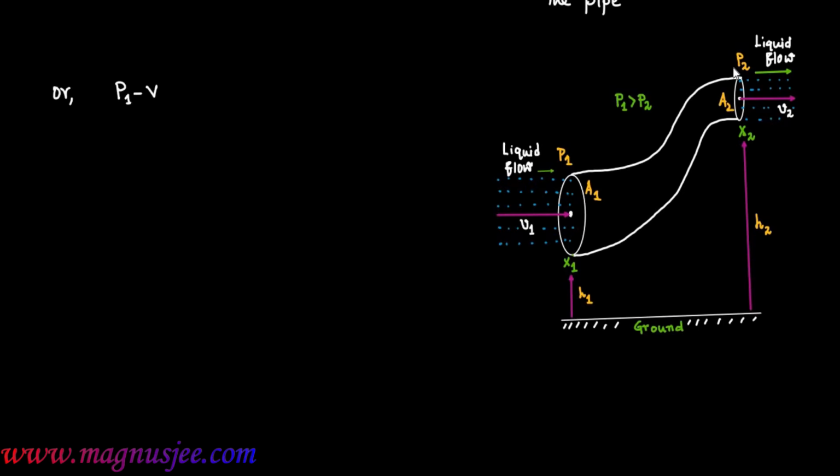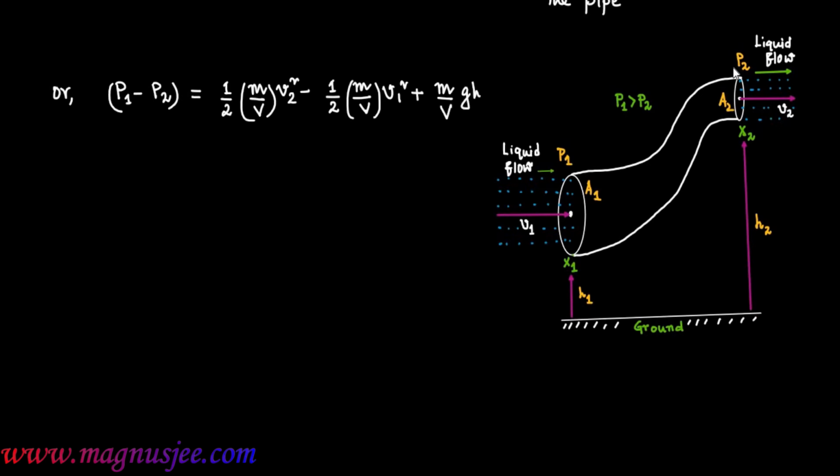Or, P1 minus P2 into V will be equal to 1 by 2 m by V v2 square minus 1 by 2 m by V v1 square plus small m by capital V g h2 minus small m by capital V g h1.